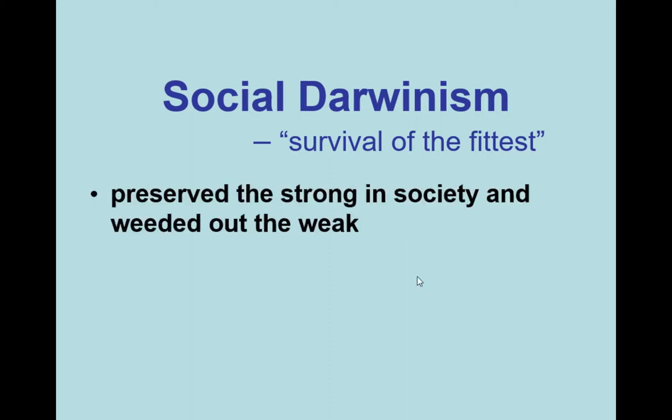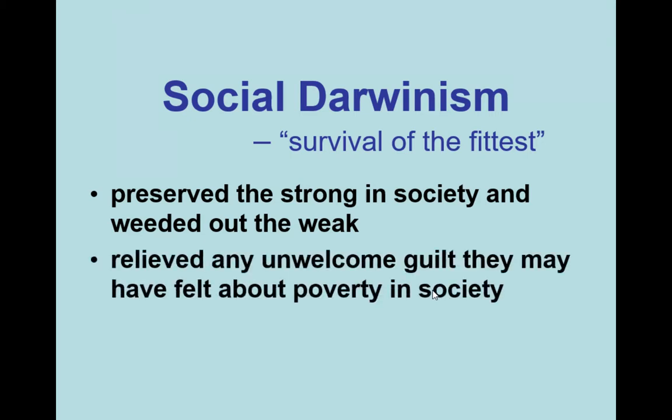This is kind of using that law of the jungle, that it's preserve the strong in society and weeds out the weak. It's relating it to the lion is the strongest, the lion or the tiger, that big cat is the strongest, and it's the food chain. And this relieved any unwelcome guilt they may have felt about poverty in society, that they were the fittest. And that's the way it was.